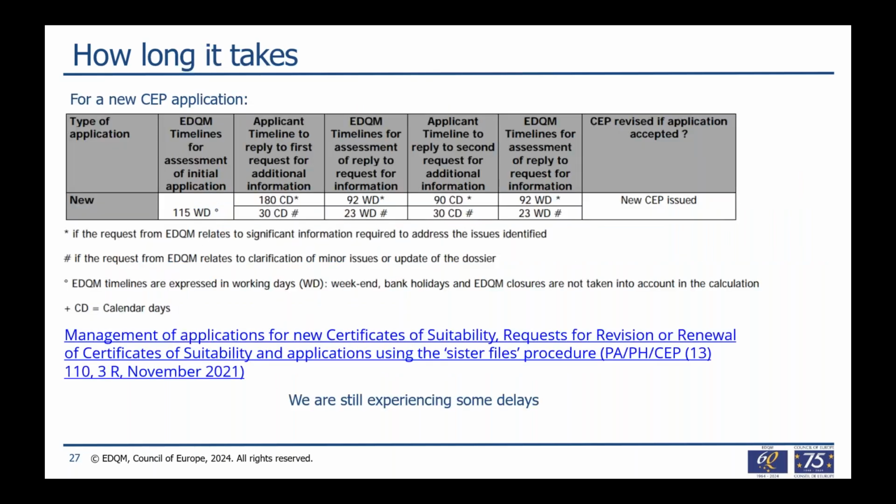So how long does the process take for a new CEP application? The EDQM timeline for the initial assessment is 115 working days, which is around 5 to 6 months. And the outcome of this initial assessment will define the applicant deadlines. So if significant information is required, the applicant will have 180 calendar days, so 6 months, to address the points raised in the request for additional information.